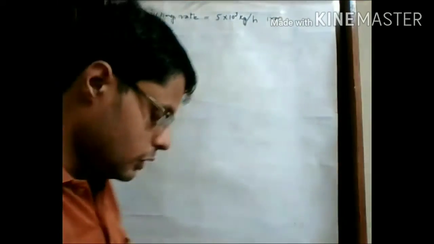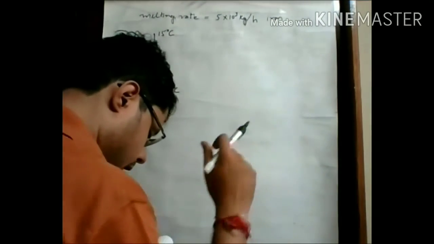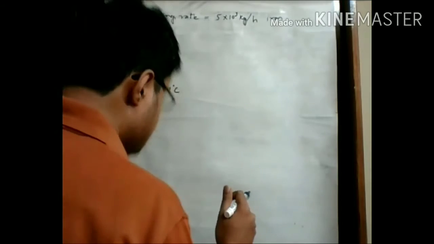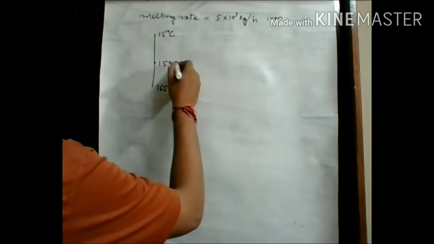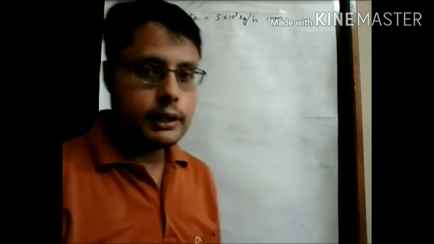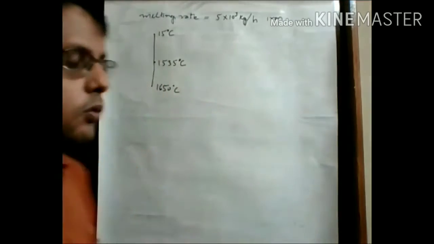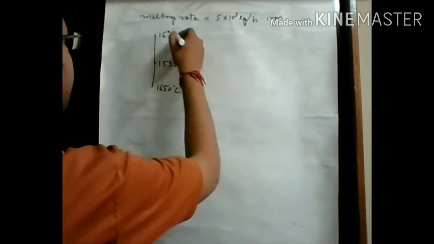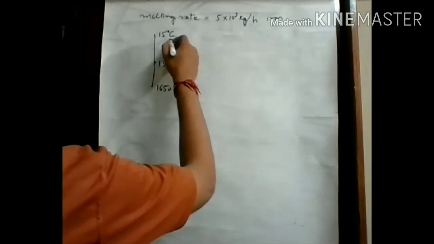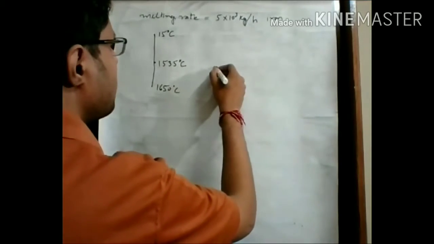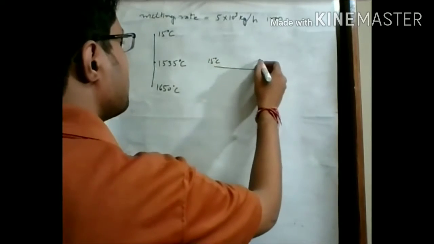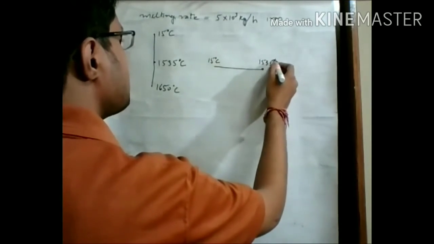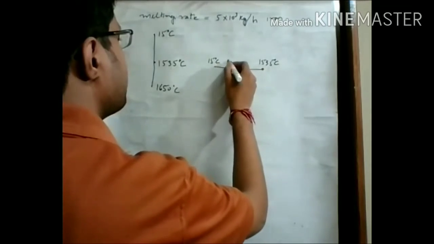So what is the phenomenon? The melting point of this iron is 1535 degrees Celsius. So from 15 degrees Celsius to 1535 degrees Celsius, this is pure solid iron.